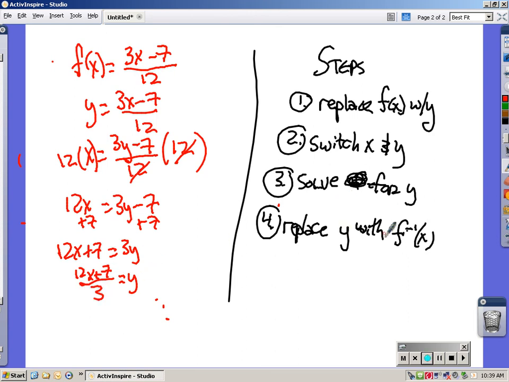Now replace y with f inverse of x. All right, so f inverse of x is 12x plus 7 over 3. So I can just use this process again and again. The bulk of the work is the algebra manipulation, solving it for y once you've switched your input and your output spot.